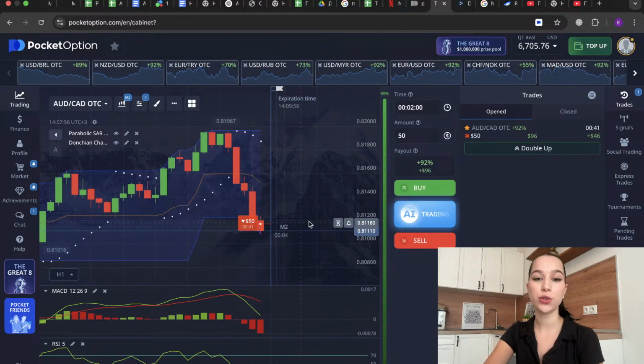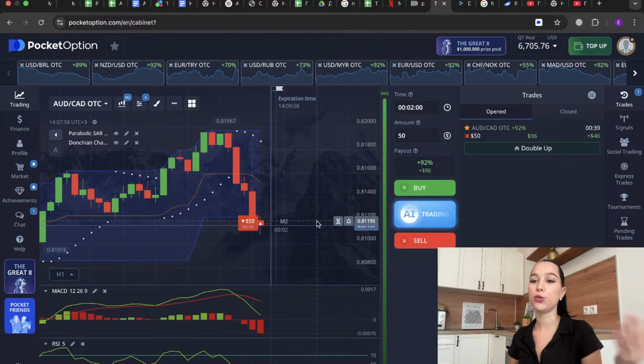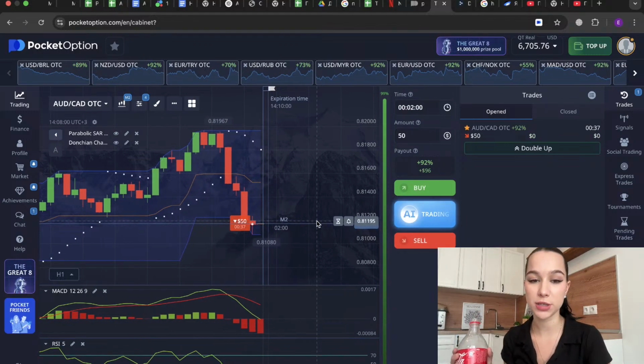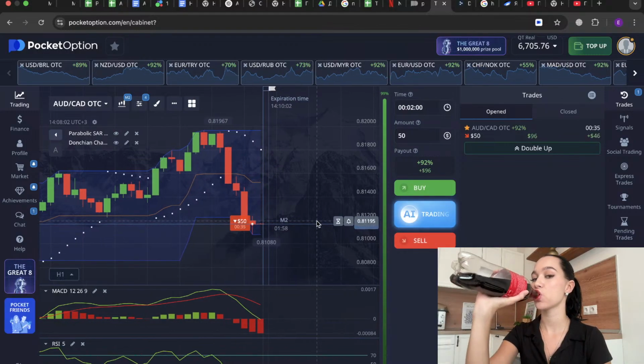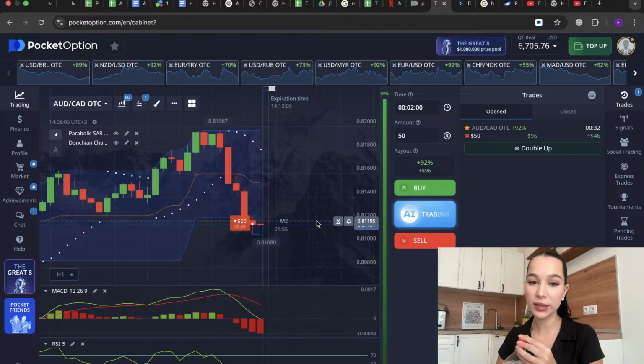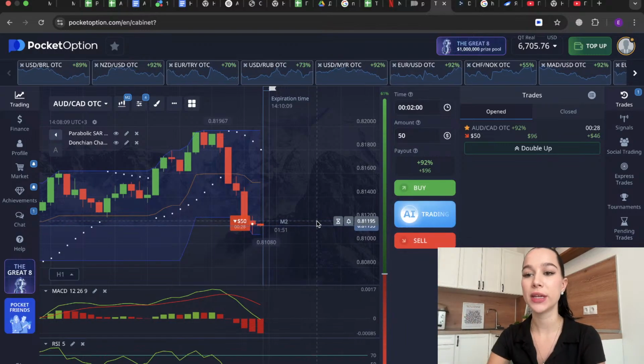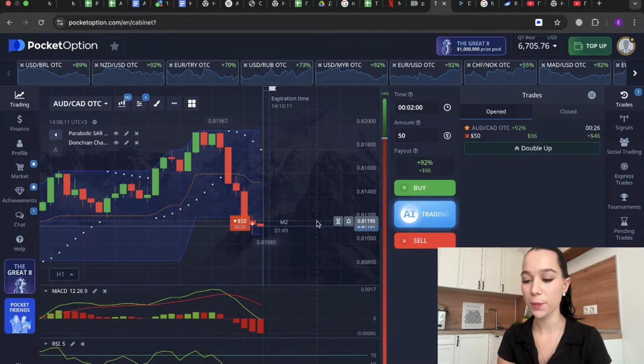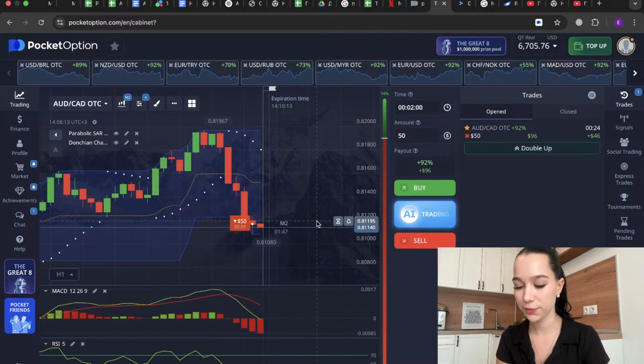Of course, it could also show us that a reversal could come really soon, but at the same time now it's going pretty good. Now as we can see, it's reversed a little bit in the upward direction, but we're still in the plus. It's 28 seconds, so let's wait here.